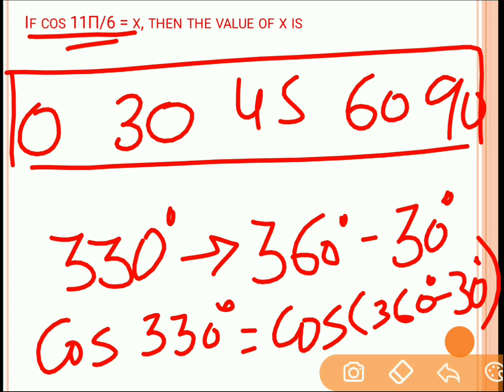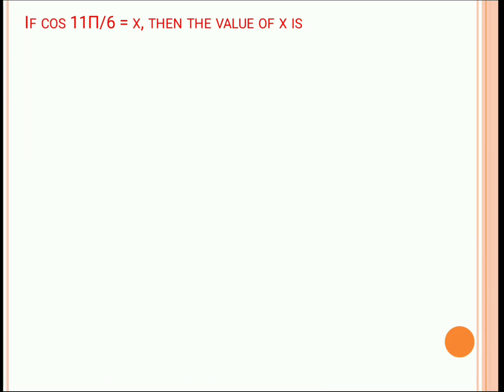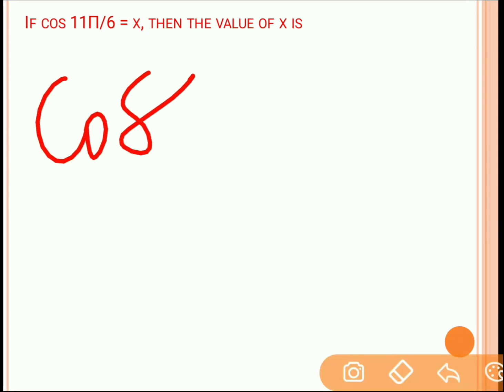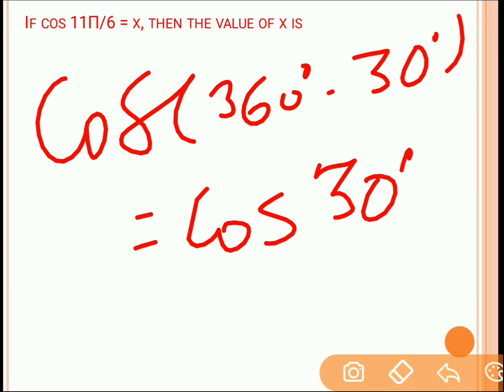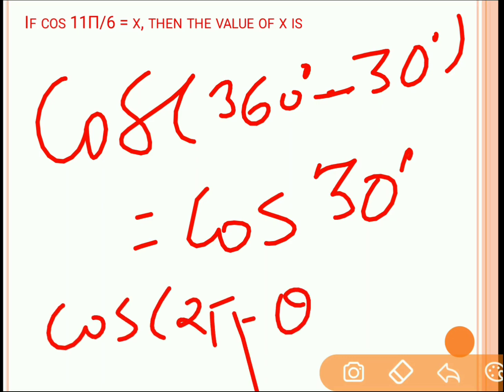Now cos of 360 degree minus 30 degree is equal to cos 30 degree, because we have used one identity here, that is cos of 2 pi minus theta is equal to cos theta.